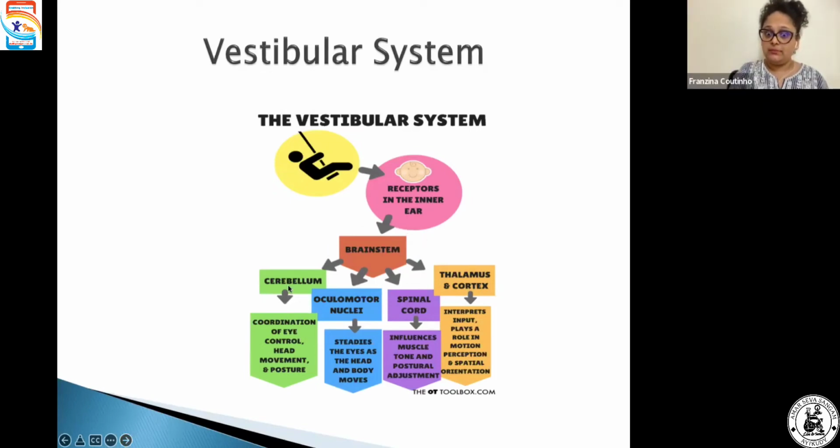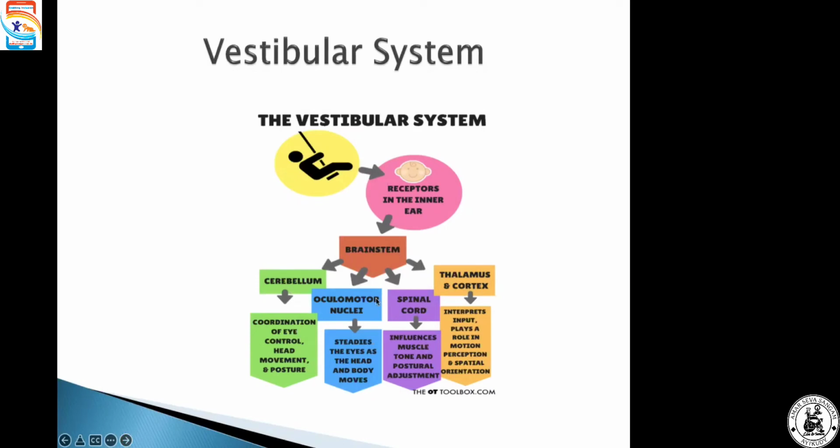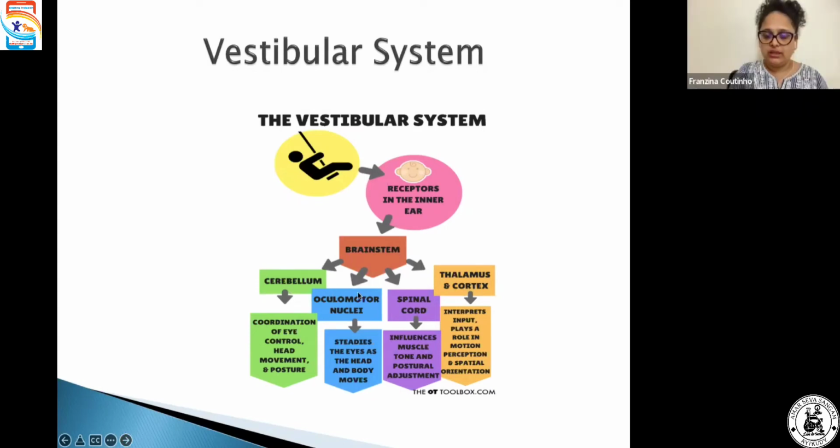From the brain stem, it goes to the cerebellum, the oculomotor nuclei, the spinal cord, the thalamus, and the cortex. Because of that, it affects so many different things. Your vestibular system, if you don't give appropriate input, can cause very dramatic hyperactivity, vomiting, disorientation, if used inappropriately.